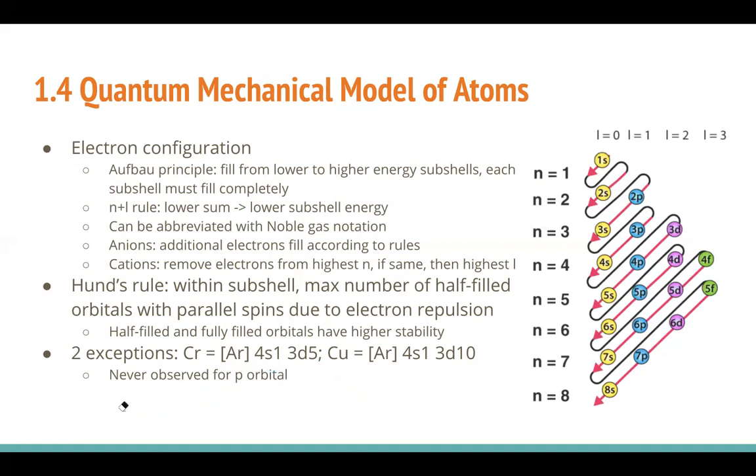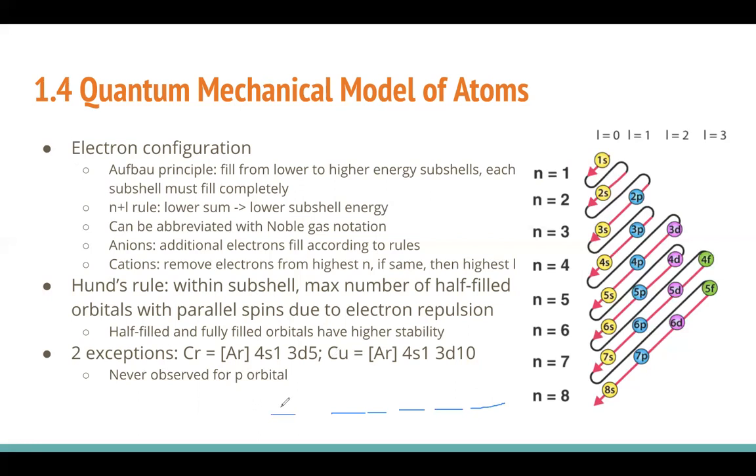Okay, but there are exceptions to this, and they are in the transition elements. Because half-filled and fully filled orbitals have more stability, chromium and copper don't follow the rule to fill each subshell before you fill the next. If you draw this out, this would be the 4s, and this would be the d orbitals, and d has 5.